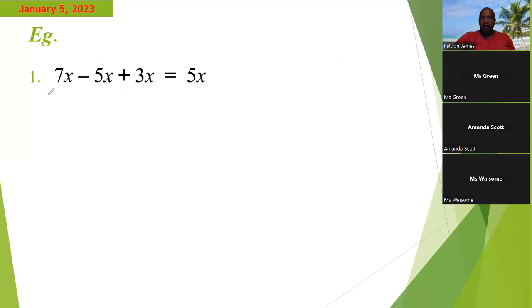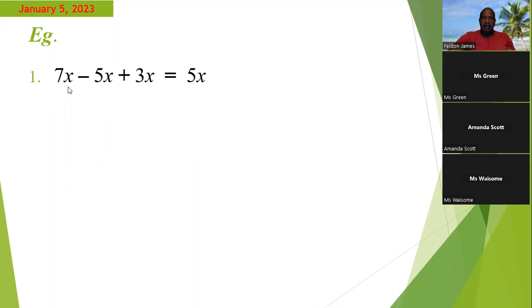But for unlike terms, you can't simplify them to a single term, so you leave them as is in the expression. So here, this expression, which is 7x minus 5x plus 3, is an expression. And remember, an expression has what? Plus or minus signs between the terms.